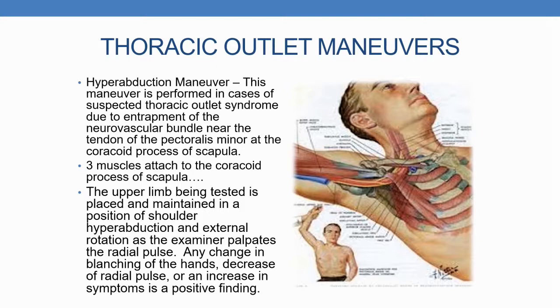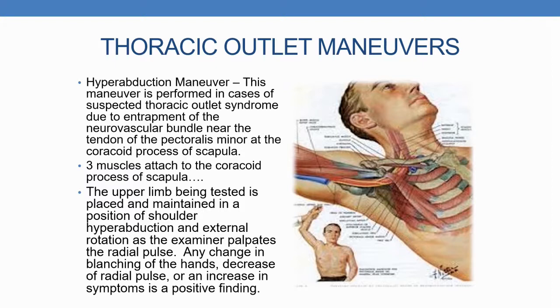And you may remember from anatomy that there are three muscles that attach to the coracoid process of the scapula. They are, number one, the coracobrachialis, number two, the short head of the biceps brachii, and then number three, the third muscle, is the pectoralis minor muscle. So there's a lot of activity taking place right around this coracoid process. And the neurovascular bundle can be compressed underneath the tendon of the pectoralis minor muscle as the neurovascular bundle passes immediately underneath the coracoid process.